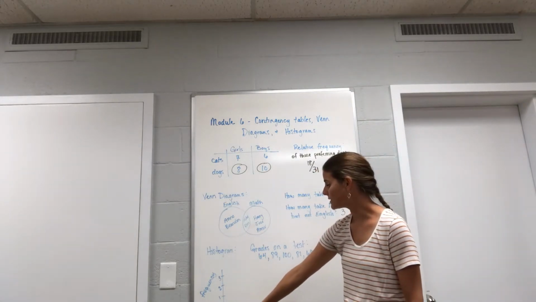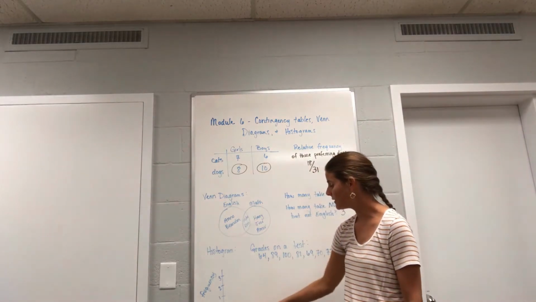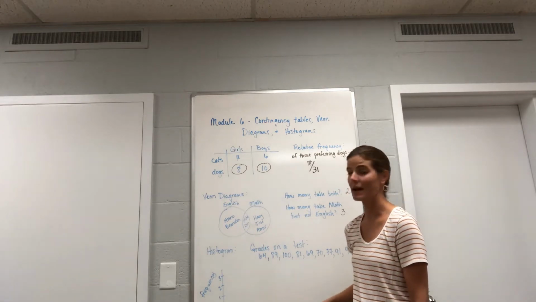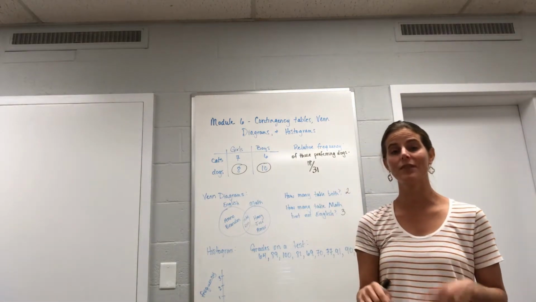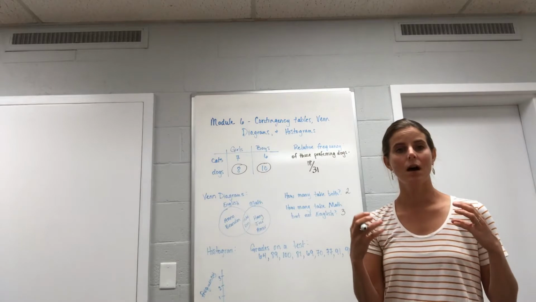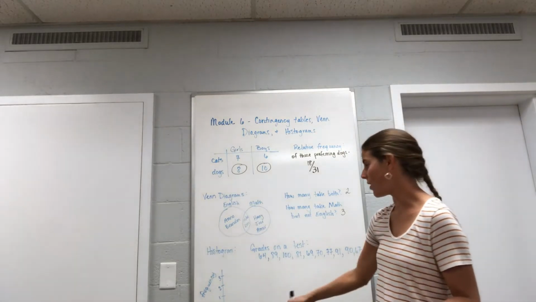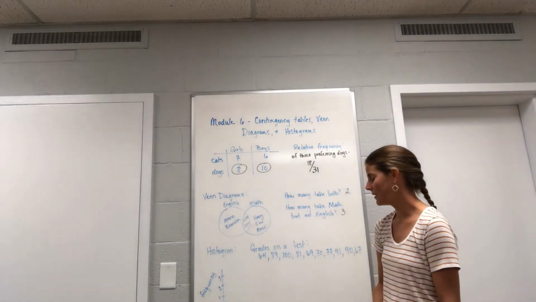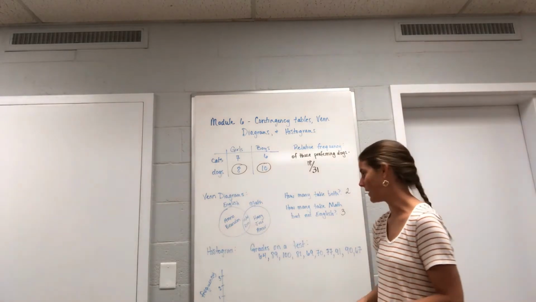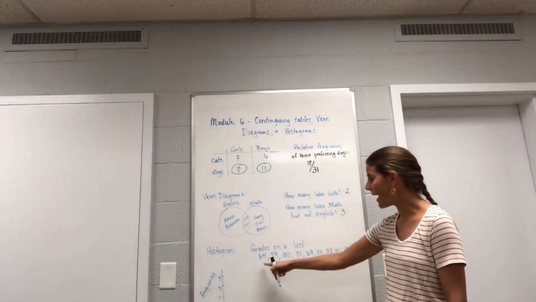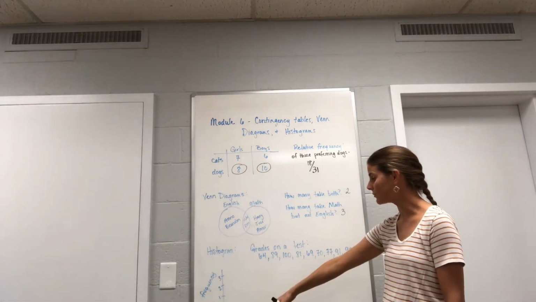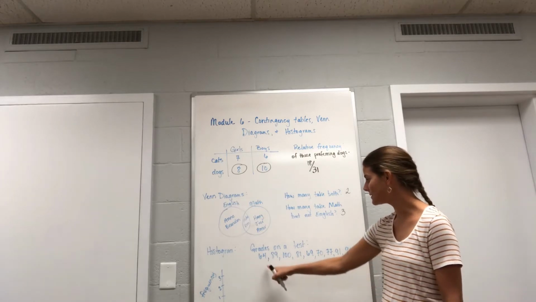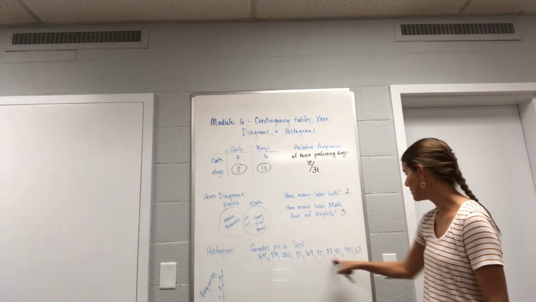So you have grades on a test between 61 and 70, 71 and 80, 81 and 90, and 91 and 100. The key thing with these is that those intervals have to be the same size. Notice that those all have a range of 10. Then we're just going to figure out how many are in each group, in each range of scores. So in the 60s, you have 1, 2, 3.